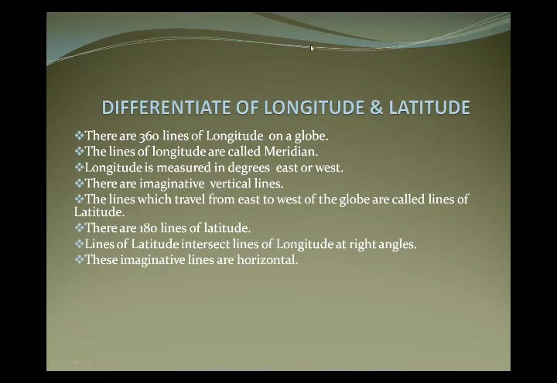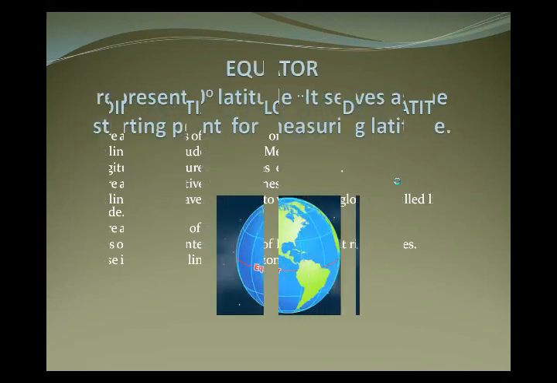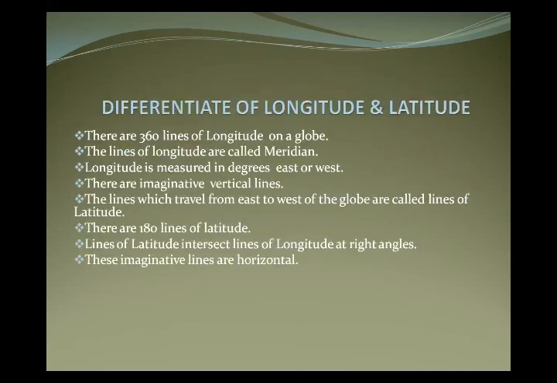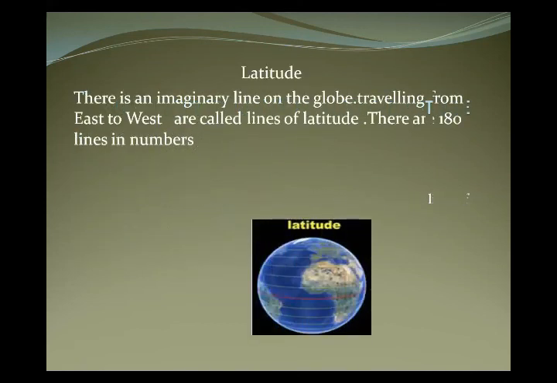Next is latitude. The lines which travel from east to west of the globe are called the lines of latitude. Mark in your mind, longitude lines are vertical and latitude lines are horizontal, and these lines are 180 in number. So this is the sum up of all the topics of your video.